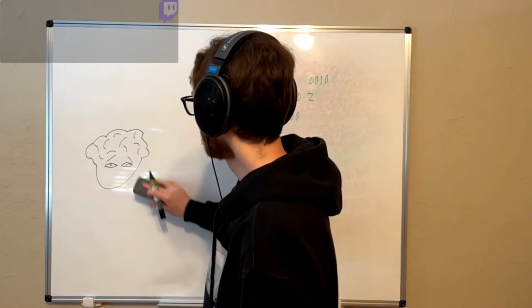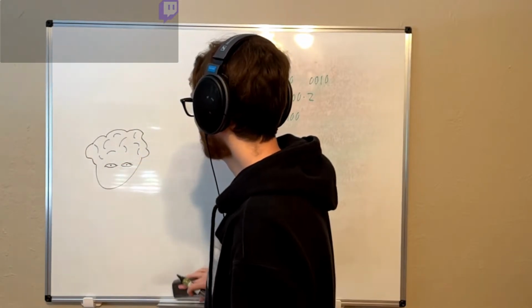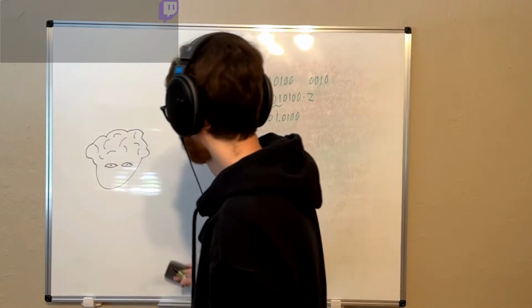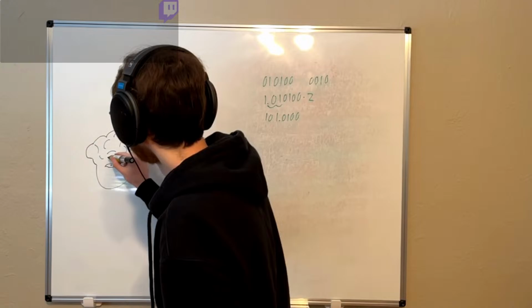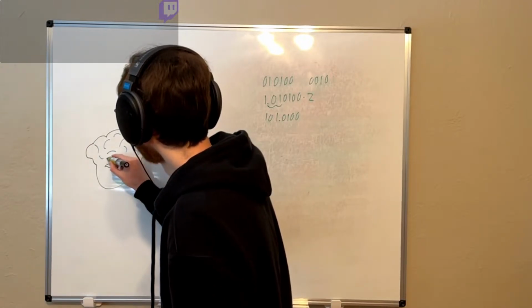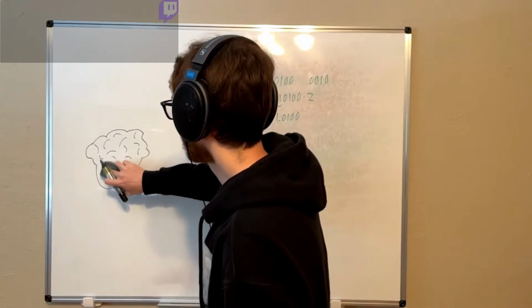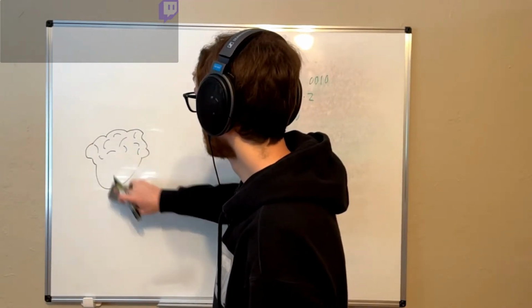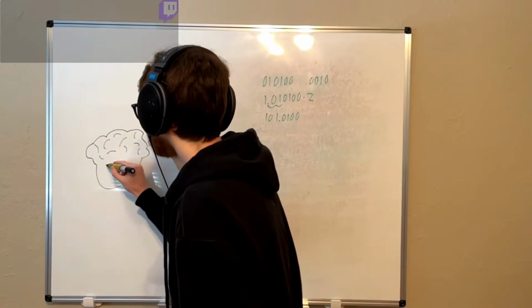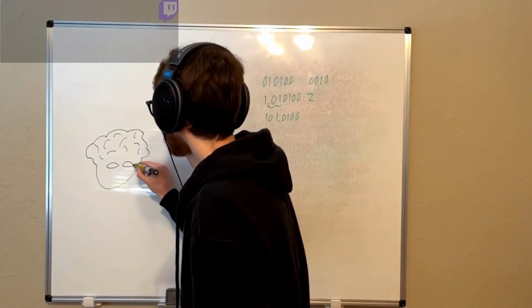No? Come on, the eyebrows are like the most important part here to me. Okay, that's better. I want to get rid of the eraser marks now. Got some big ol' eyes.